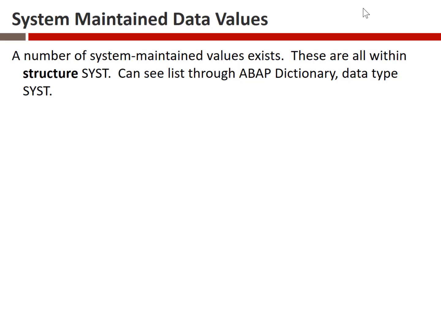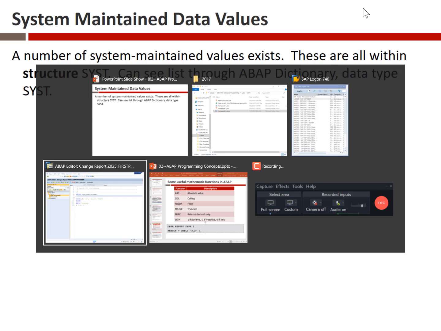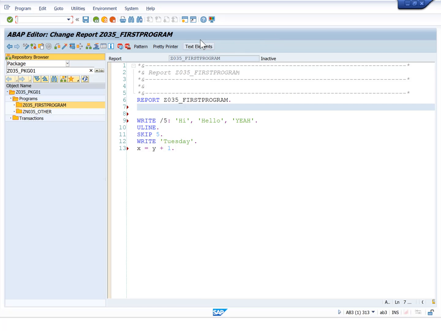Well, in ABAP, there is a system-maintained data object that's a structured type, and the name of that data object is called syst. And we can find out all of the different fields that are in syst by using the ABAP dictionary.